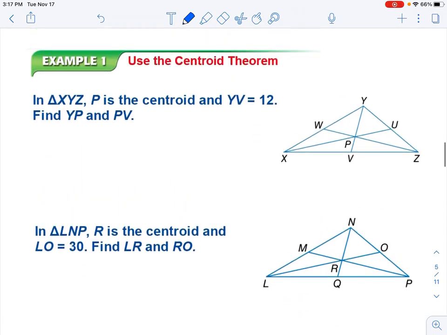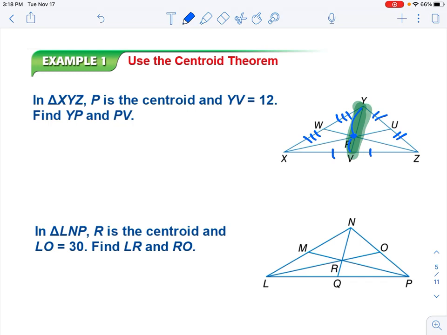We are given the triangle XYZ. We know P is the centroid, meaning we could mark these all out if we wanted to. So P is the centroid, and YV is equal to 12. Then we want to find YP and PV.